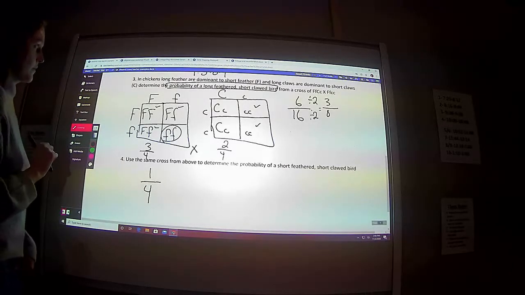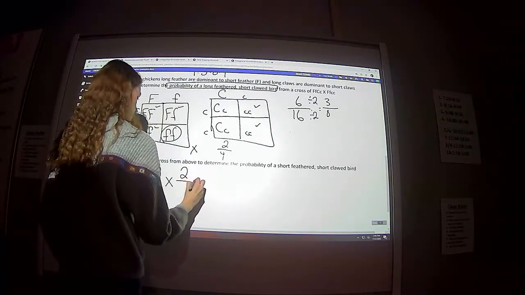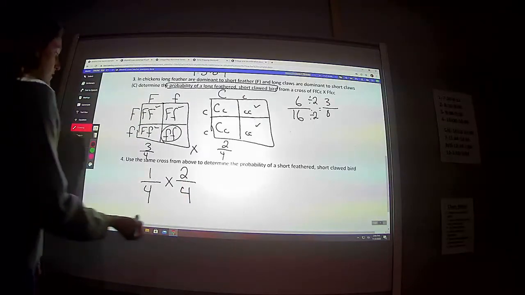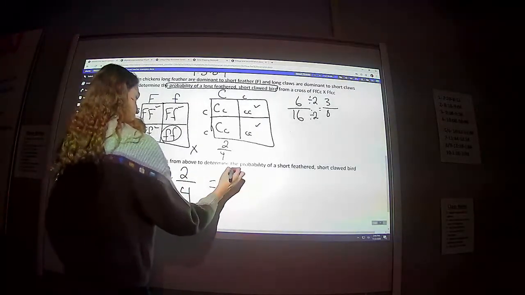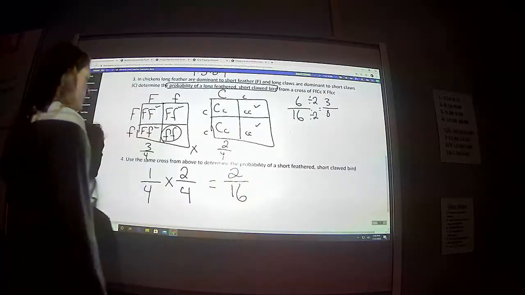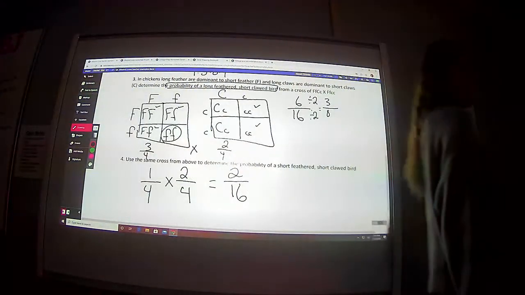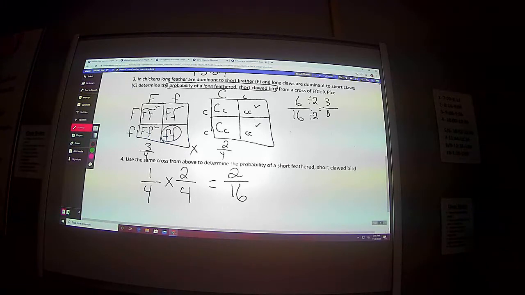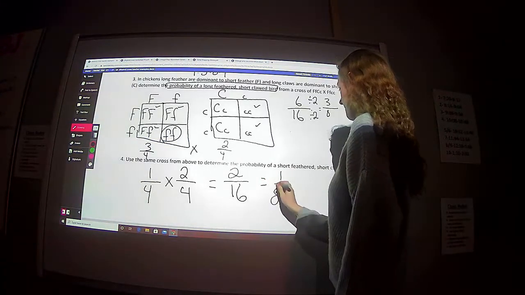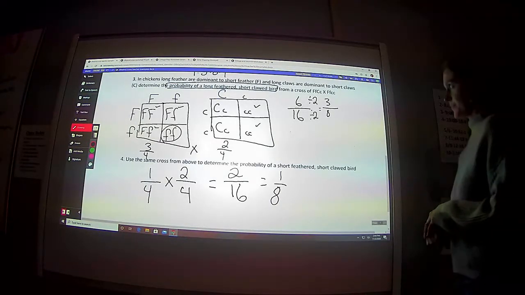Short claws was also a recessive trait, and I had 2 that had short claws. So that would have given me 2 out of 16, which would have been the equivalent of 1/8. So 1/8 of my birds would have had the short ones.